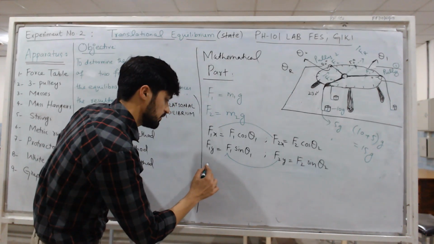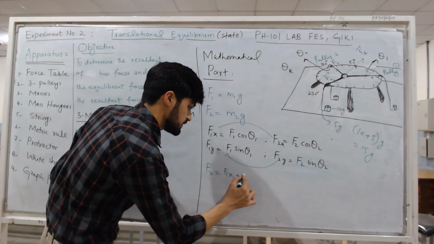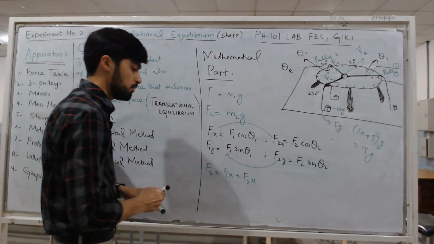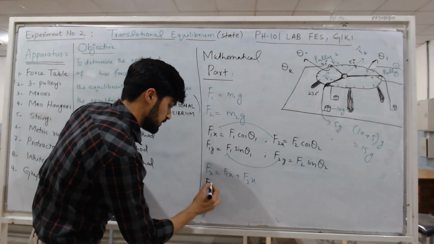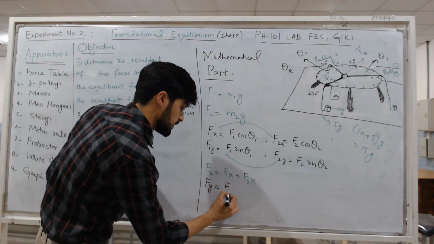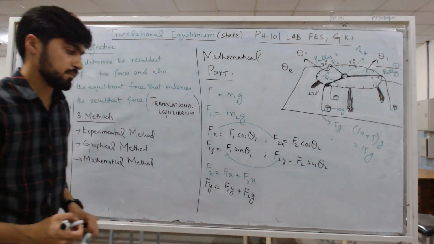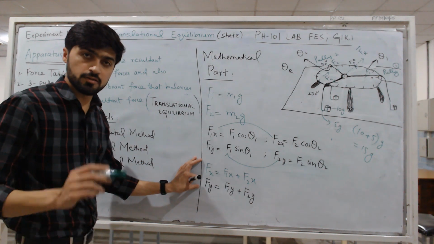So Fx is equal to F1x plus F2x. Now we will add the y components of the two forces. So Fy is equal to F1y plus F2y.